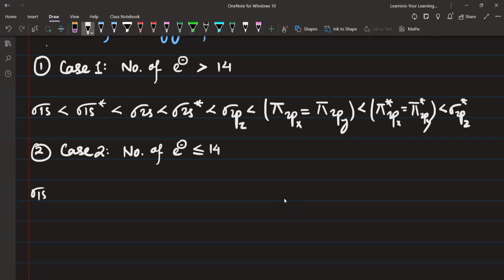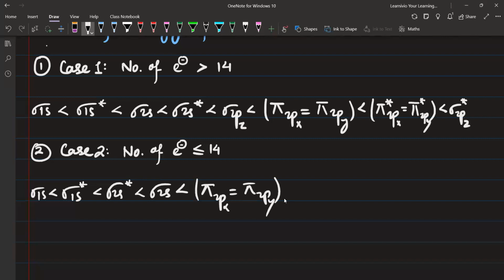Sigma 1s lowest, and then sigma star 1s, then there will be sigma 2s, then there will be sigma star 2s. ठीक है, यहाँ तक सब कुछ same. Now after this you will have some difference, that is going to be pi 2px equal to pi 2py. Then you will have sigma 2pz. उसके बाद बाकी सेम है ना, यहीं पे बस पलटी हो रहा है. After that you are going to have pi star 2px equal to pi star 2py, and at last you are going to have sigma star 2pz.